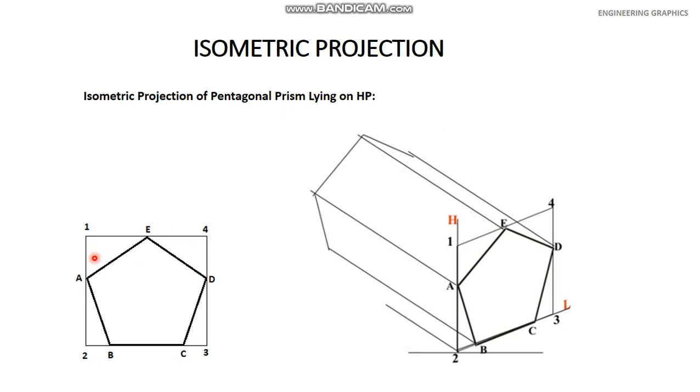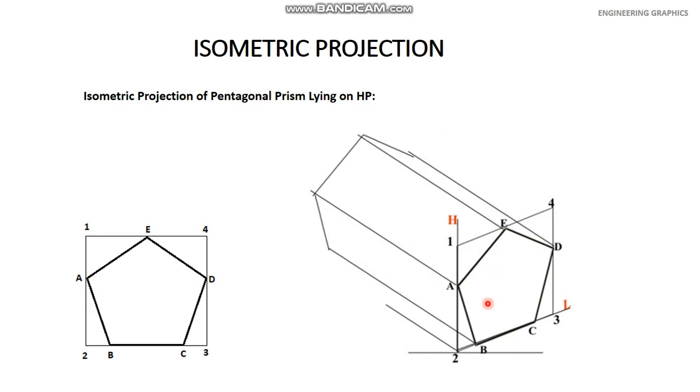Now as A, B, C, D, E are shown here in orthographic projection, show here in isometric projection also A, B, C, D, E. Always remember that all these distances in isometric projection should be from isometric scale.